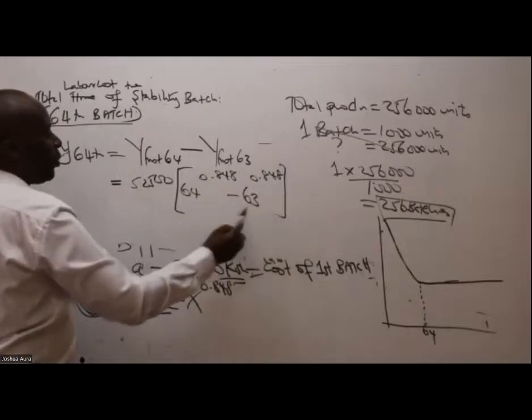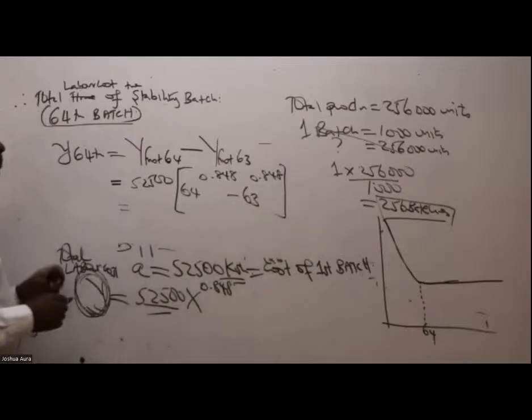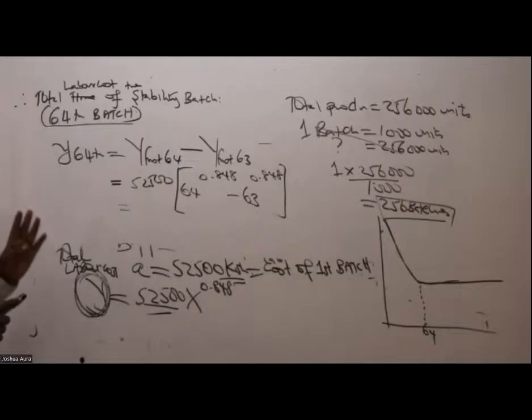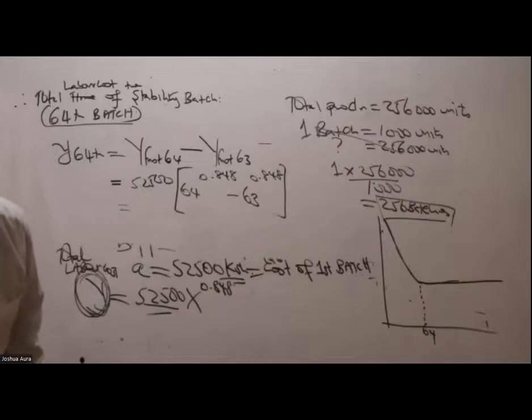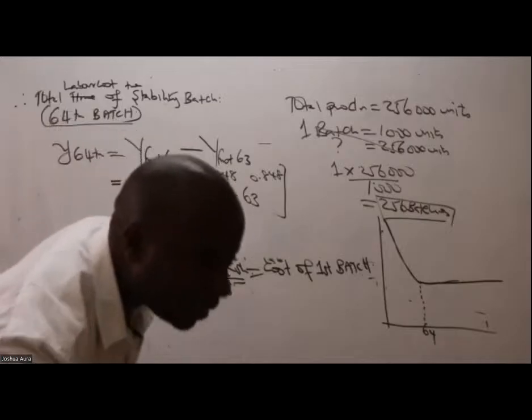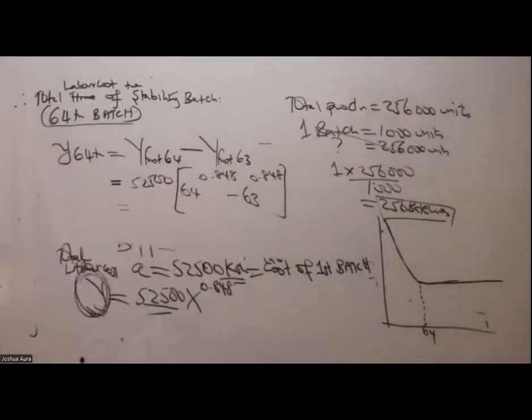Could you kindly give me this answer? So you say 52,500 times, open brackets, 64 raised to that minus 63 raised to that. I'm not going to write anything until I see each one of us providing an answer.